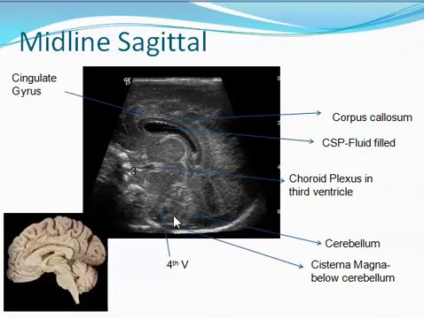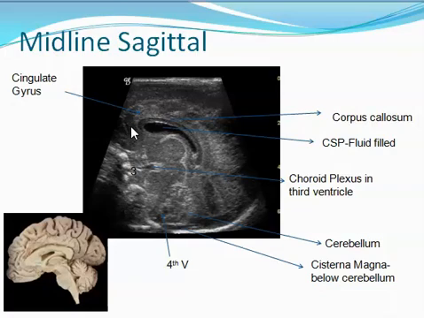This is the cerebellum, and right below the cerebellum you will see the area of the cisterna magna. These are all important structures which you need to recognize when you are scanning in the midline sagittal plane. It is very important that you identify these structures and see the normal anatomy of them.